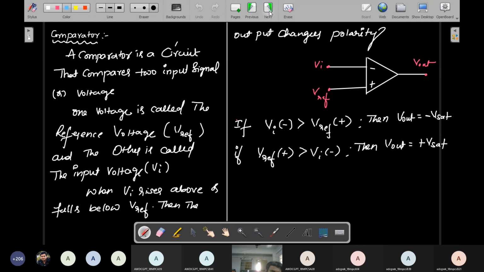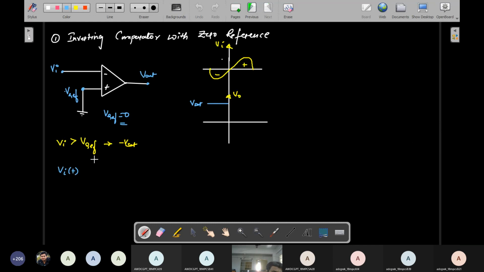So the reference voltage is greater than your input voltage. This condition shows the positive saturation. So if it is a positive value, then it shows the positive saturation. This is the positive saturation condition. Understand?